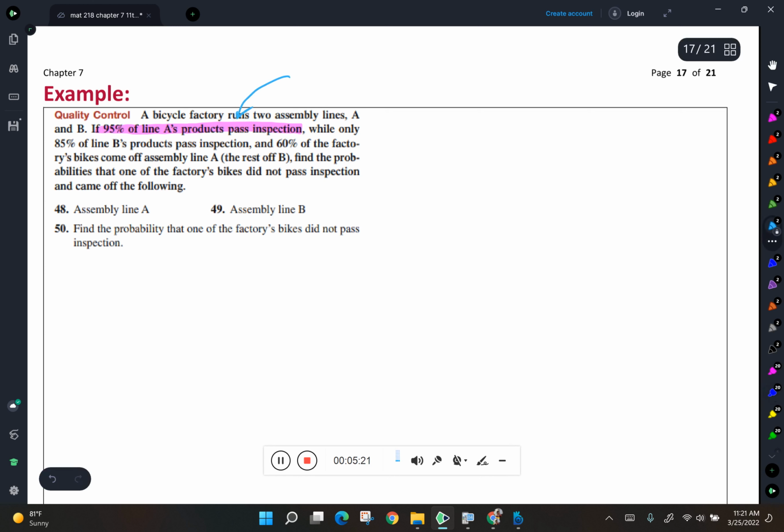If we say that I means pass inspection, then that's the probability it will pass inspection given that it came from A. Similarly, that's conditional too. That's the probability it will pass inspection given that it came from assembly line B.